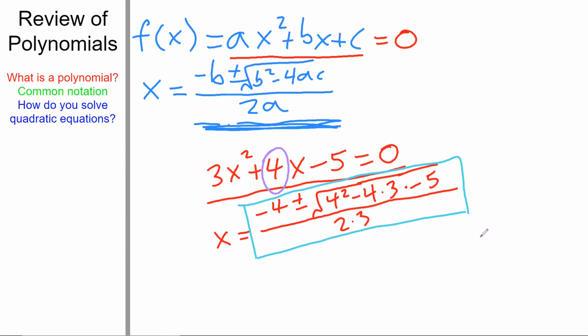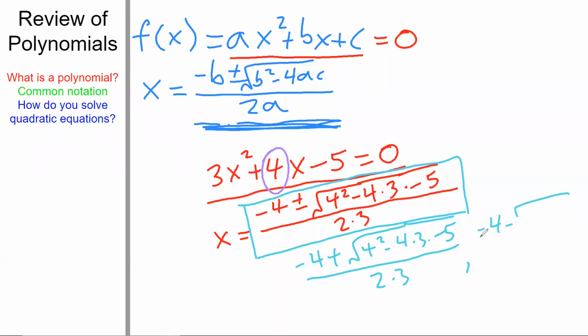So if I simplify this, it gives you two solutions, by the way. This gives you negative 4 plus the square root of 4 squared minus 4 times 3 times negative 5 over 2 times 3. And it also gives you negative 4 minus the square root of 4 squared minus 4 times 3 times negative 5 over 2 times 3.